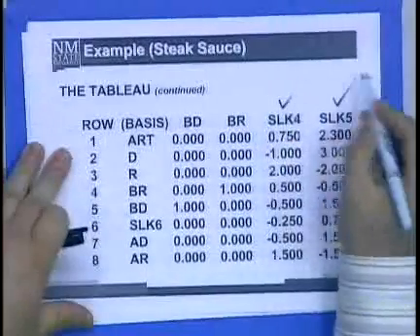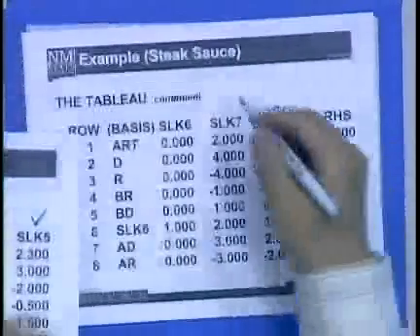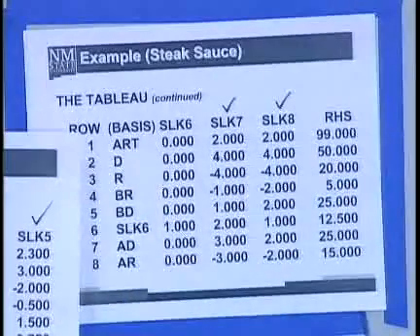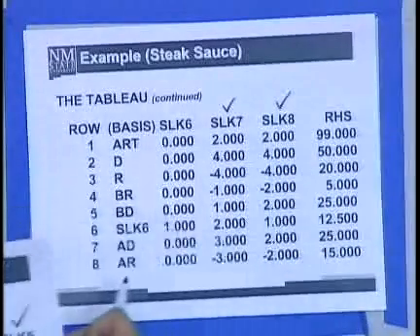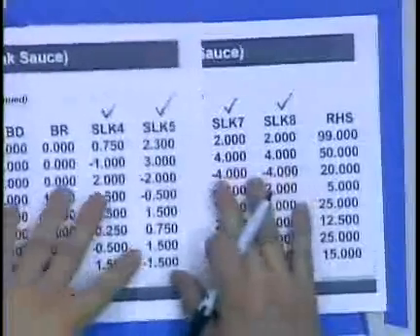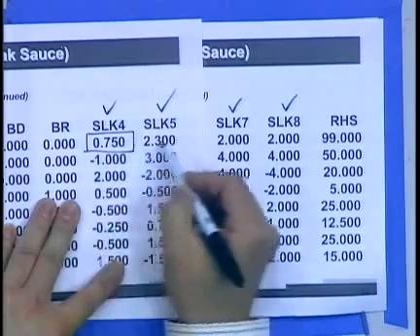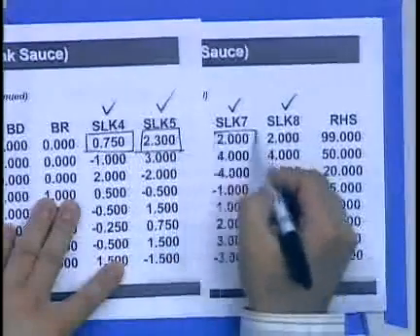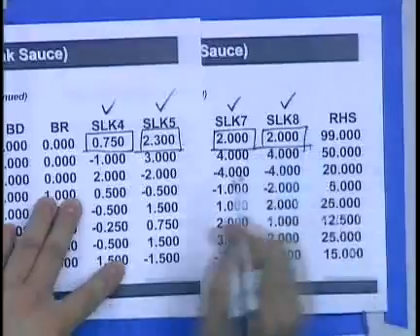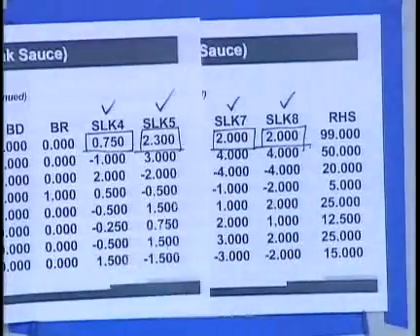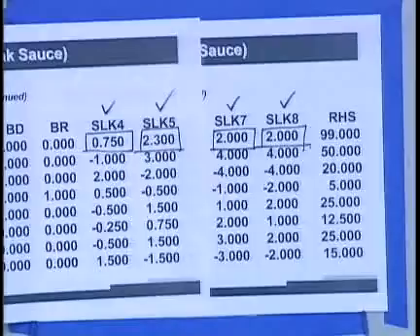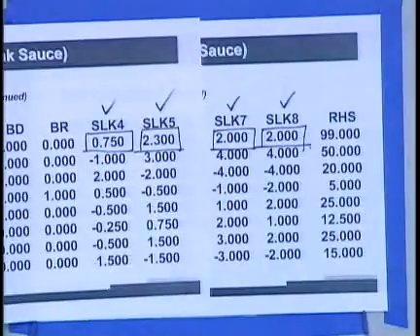Slack 4, slack 5, slack 7, and slack 8, right? If you look at this, all of these non-basic variables have a non-zero relative profit. Is that correct? So this LP has exactly one optimal solution.